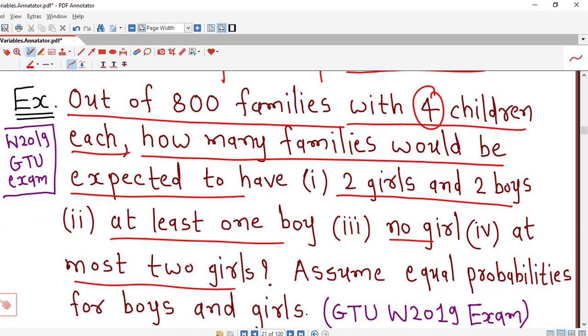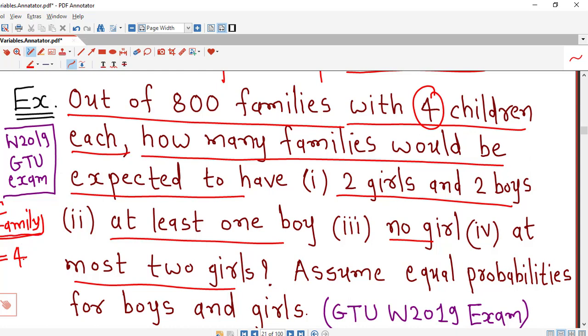So if we consider one experiment, that is, one particular family, then for that family we have 4 children. So we can consider small n equal to 4. We will consider our experiment as examining the gender of the children in one family.